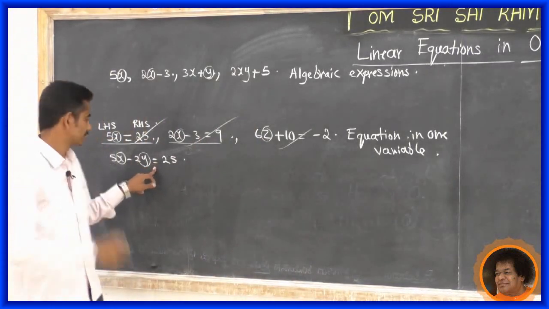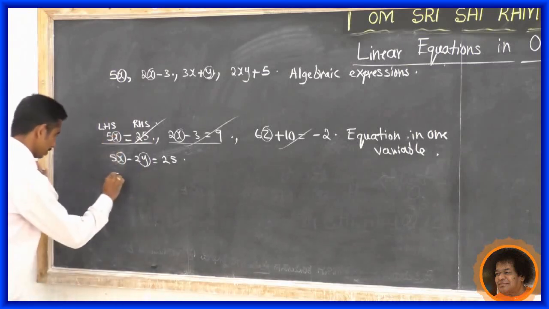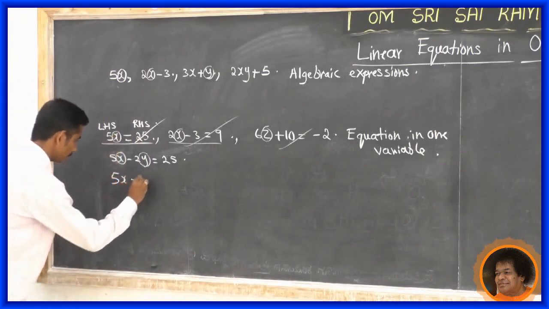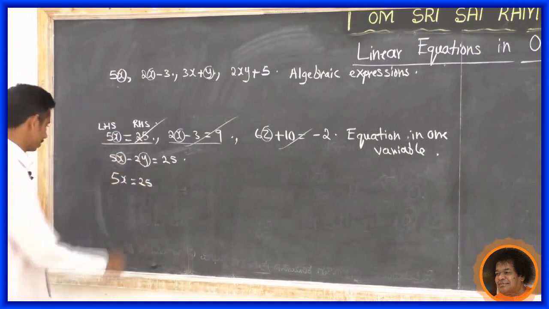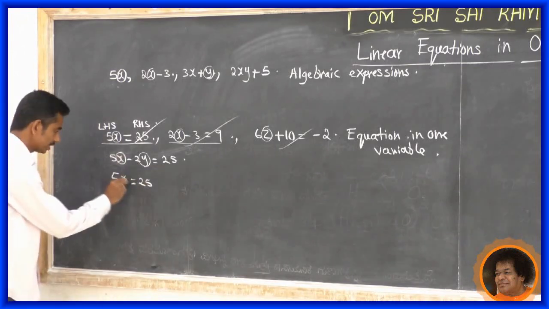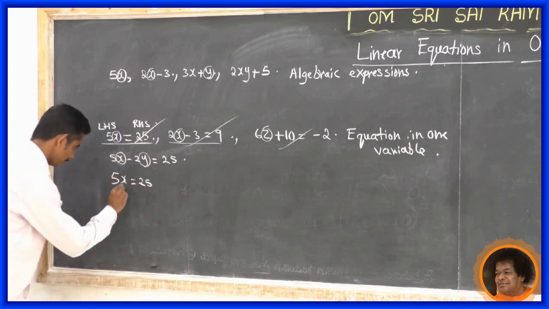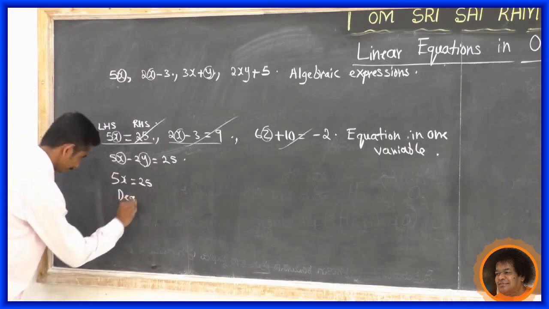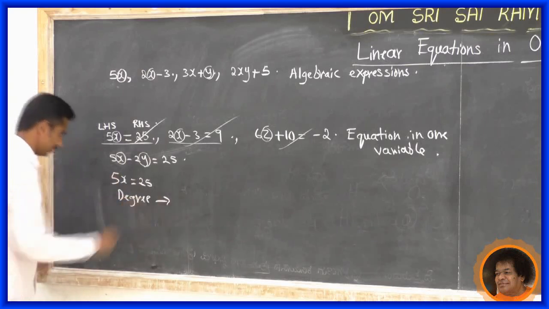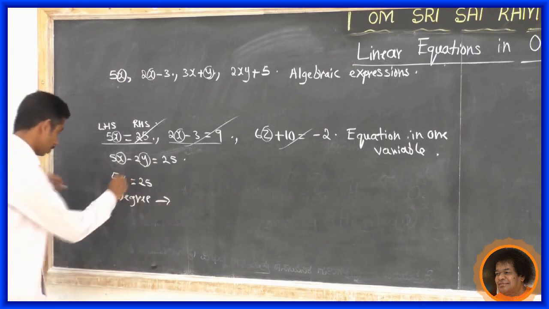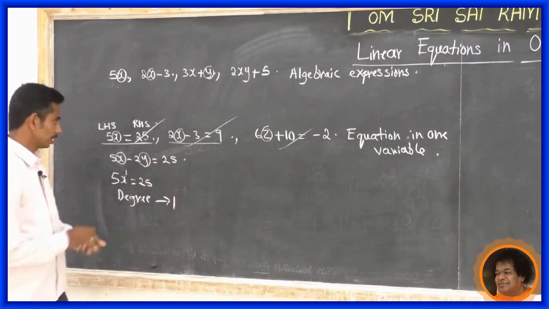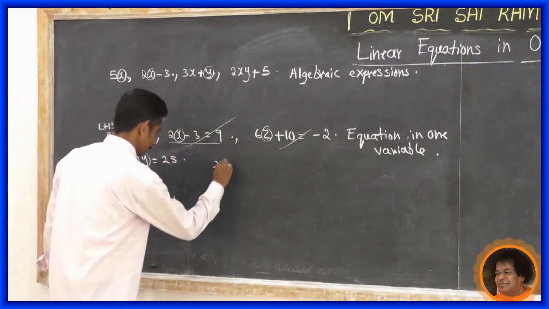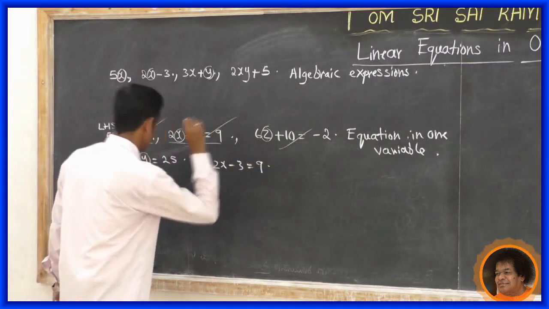So degree means, for 5x equal to 25, it is an equation in one variable. Here the variable is x. What is the degree? The degree is x to the power 1. What is the power? Highest power is 1. So degree is 1. Now another one, 2x minus 3 equal to 9.